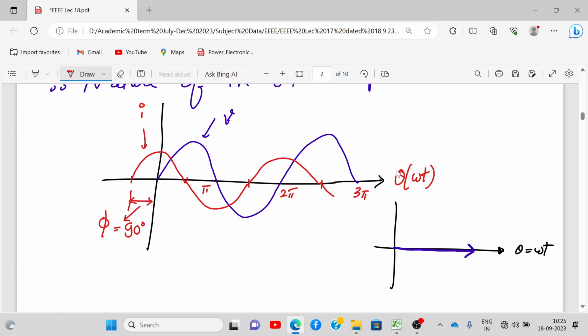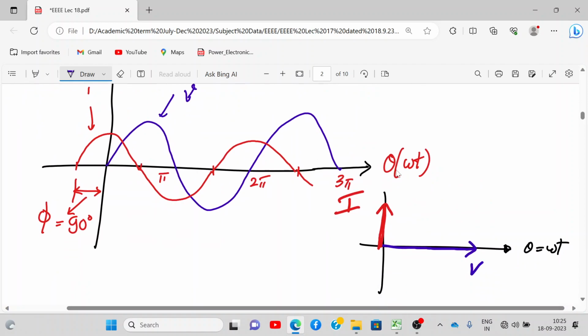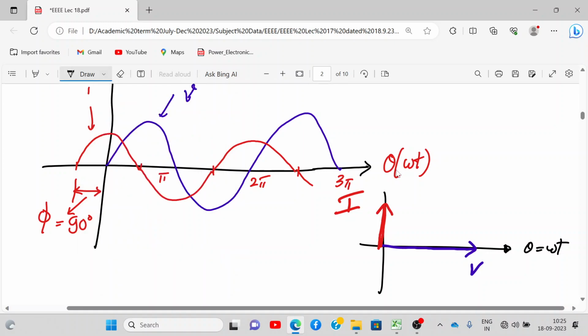Up or down? Above, here. Got it? So this will be I and this is V. And what is the phase angle between them? 90 degree. So you can clearly see over here that the current leads the voltage by 90 degree. This is 90 degree or pi by 2. And this is my phasor. Please draw this.